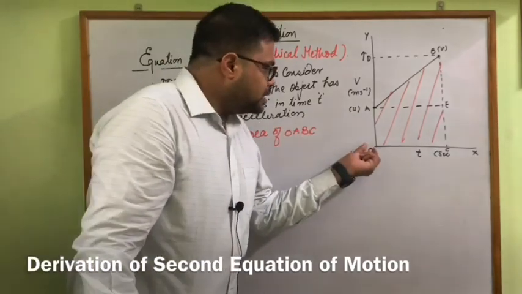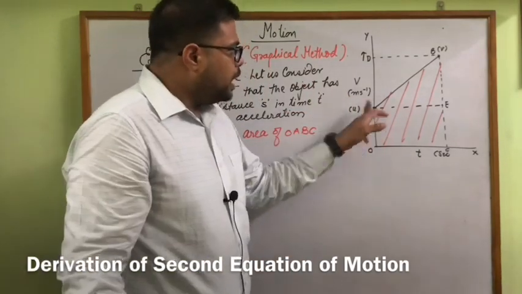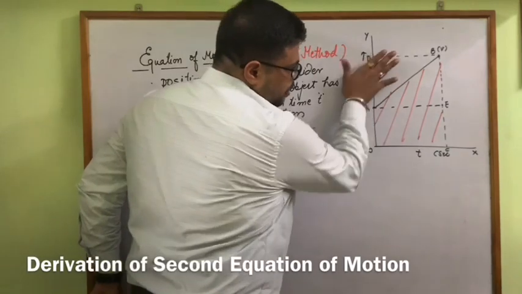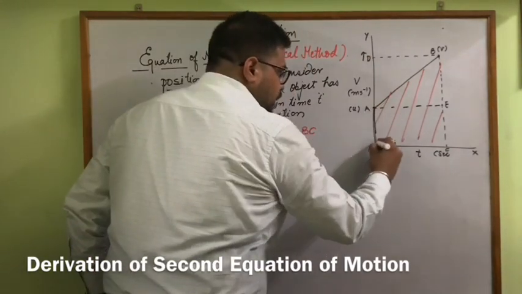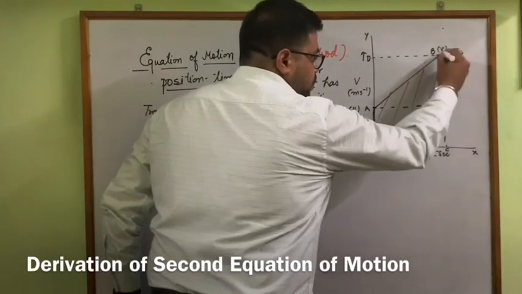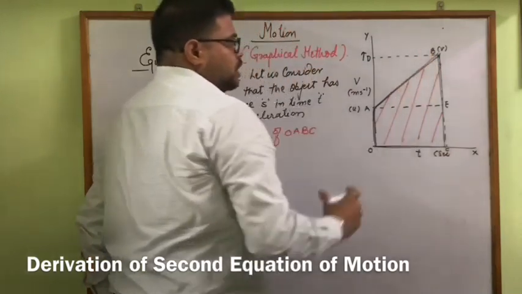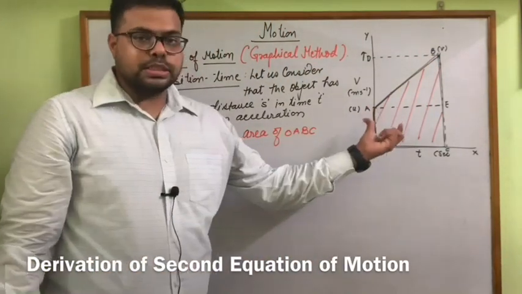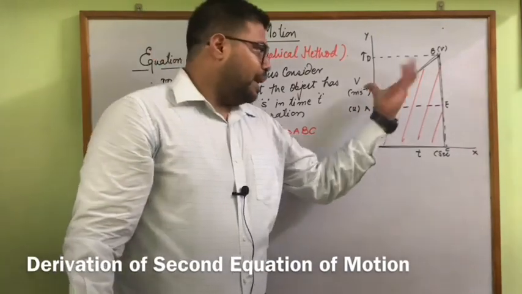First, when we consider the particular curve OABC, just forget about all these things, it looks like a particular trapezium. What is the definition of a trapezium in mathematics? The particular figure of four sides whose two opposite sides are parallel.